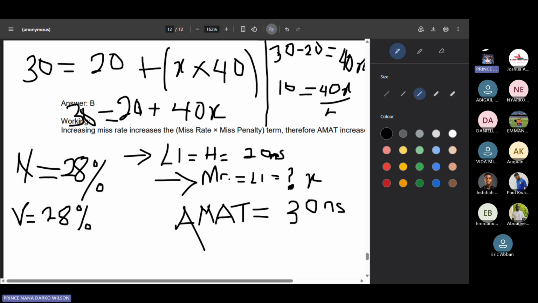So we divide both sides by 40 so that we can eliminate the coefficient attached to the x. And it's looking like all the answers were wrong, okay? So 40 takes out 40, and 10 over 40 leaves us with 1 over 4, which is equivalent to 0.25. So 0.25, which is the same as 25%.